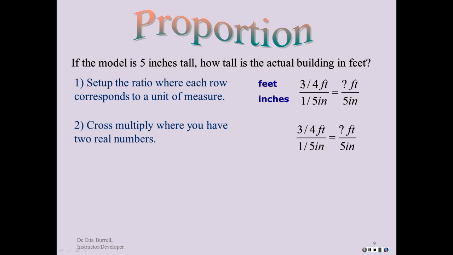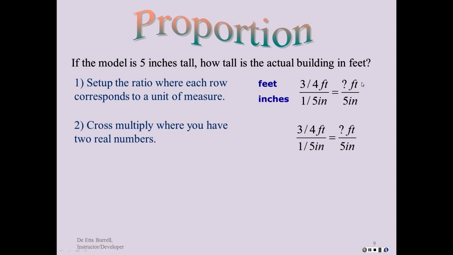Whichever way helps you. I just said feet and inches. So I know that 3/4 feet of the actual building corresponds to 1/5 inches of the model. And they told me the model is 5 inches high or tall. So I need to find the actual height of the building.